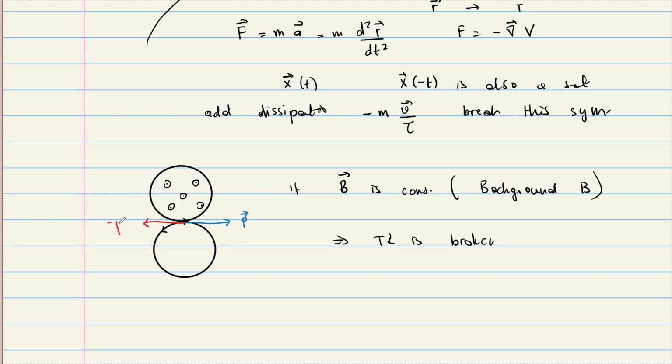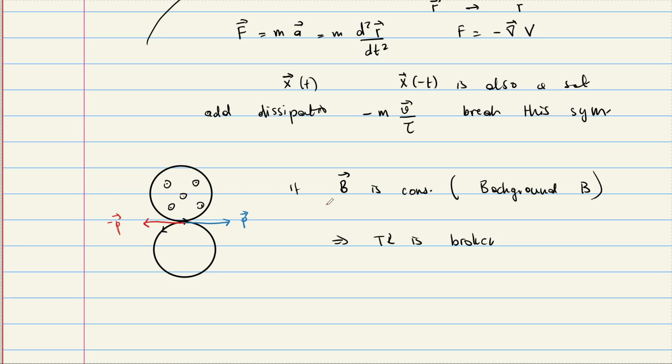So this is minus p. Of course, if we reverse the motion of everything, and you insist that the motion of the particles generating B should also be reversed, then B will be reversed and there will be no change, and the motion will be time reversal invariant. So you have to make sure which one you mean.